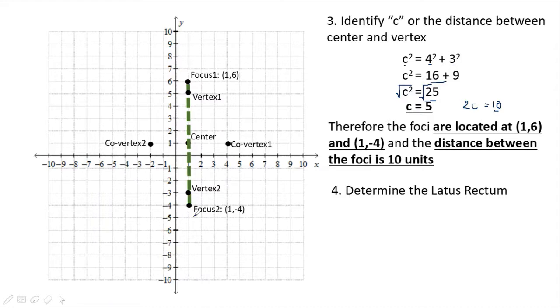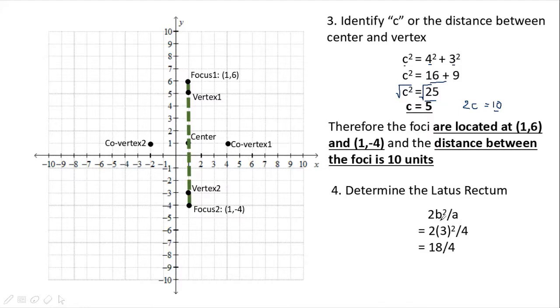Let's now determine the latus rectum. Again, when we say latus rectum, this is a chord that passes through the focus and is perpendicular to the transverse axis. In finding the latus rectum, we use the same formula as the ellipse, 2b squared over a.